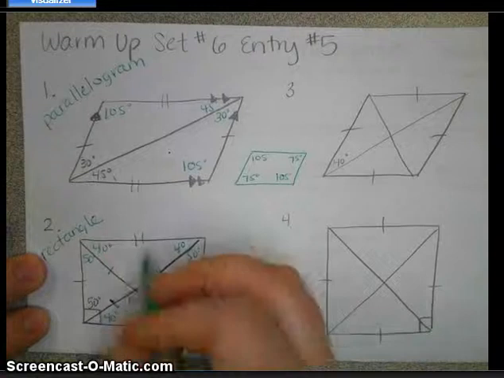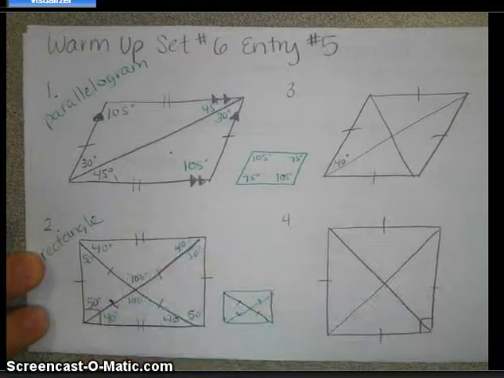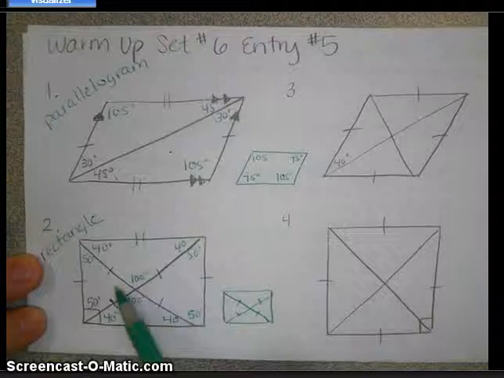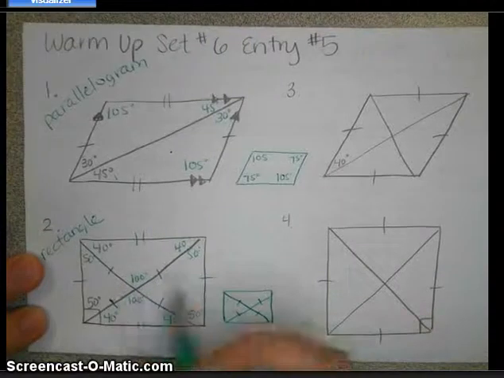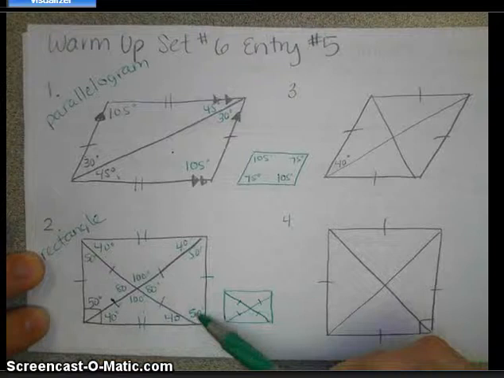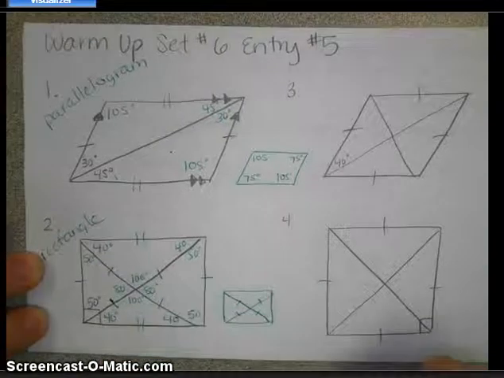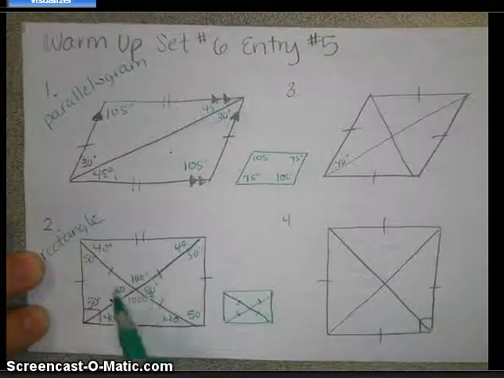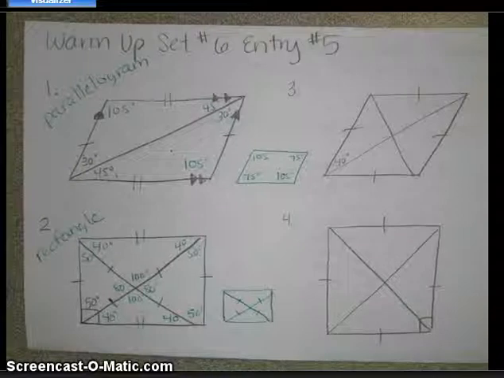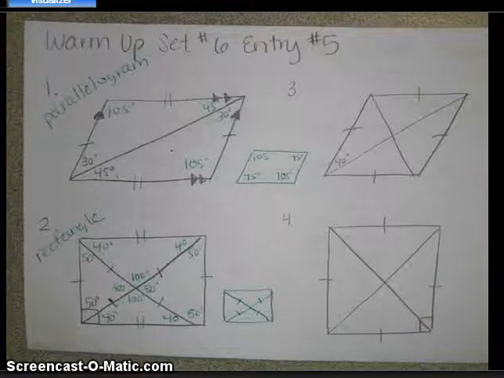Since these are vertical, I know this is also 100 degrees. And I can either use the triangle sum rule to find these, or linear pairs. Regardless of which way you choose, I know that 50, 50, and 80 add up to 180, or my linear pairs add up to 180. So there's the rectangle.